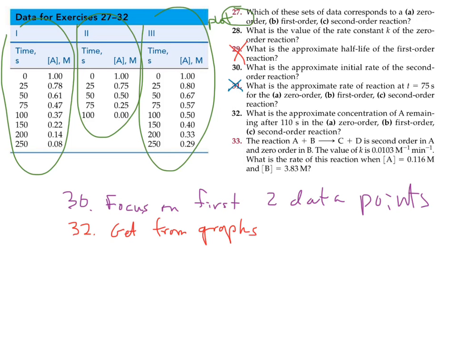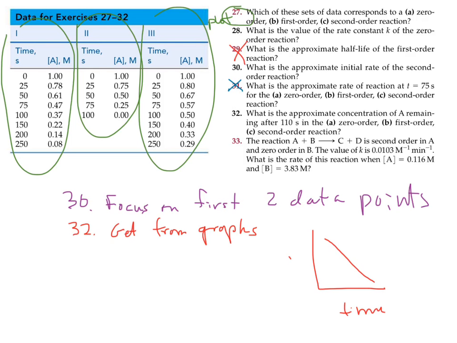For 32, remember you're going to have a bunch of graphs that all have time along the x-axis, and what's on the y-axis depends upon which order you checked. If you want to use your graph, you would go out to 110 seconds.